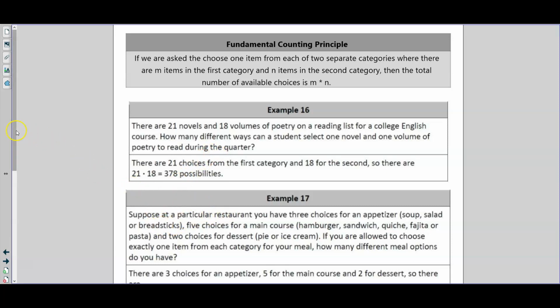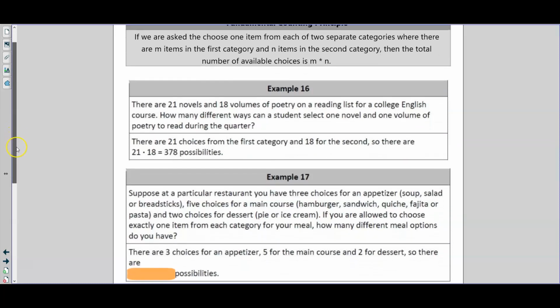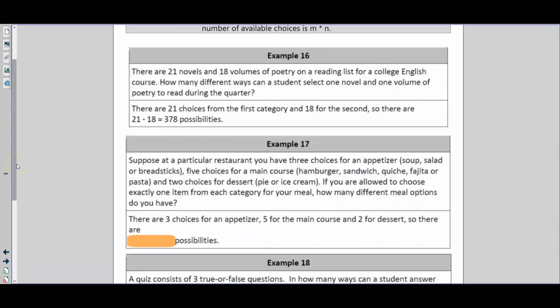Number 17 has to do with a restaurant. In a particular restaurant, you have 3 choices for an appetizer, 5 choices for a main course, and 2 choices for a dessert. And then they spell them out. If you want to do a tree like we did with the tiles with the letters and the numbers on the other page, you could, but why would you want to do that when you can just take these choice numbers and multiply them together?